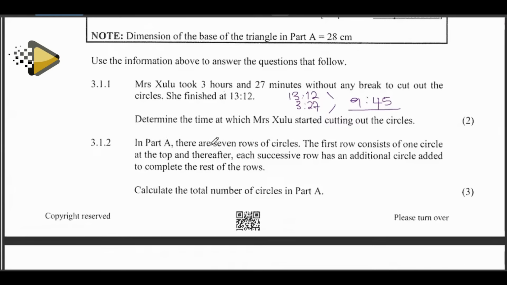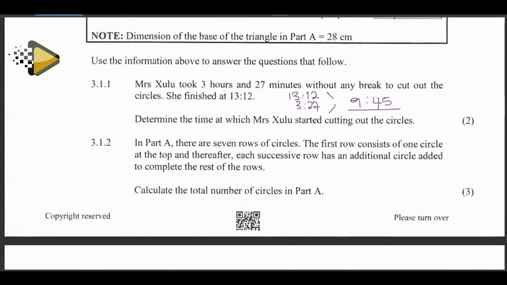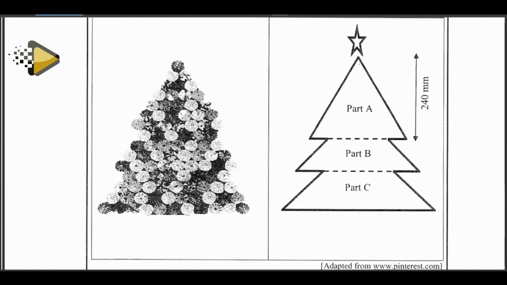In part A, there are 7 rows of circles. The first row consists of 1 circle at the top, and thereafter each successive row has an additional circle added to complete the rest of the rows. You see that? So row 1 has 1, row 2 has 2, and for row 3 we add another circle, it has 3.